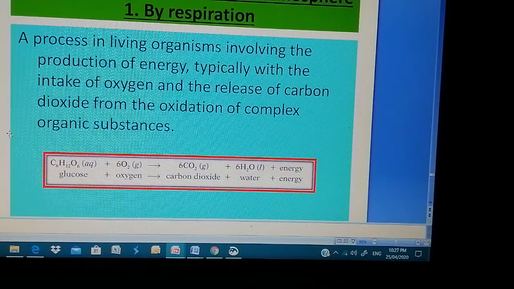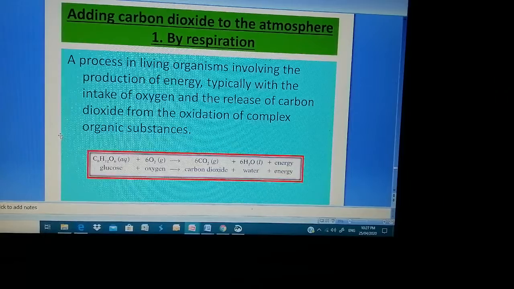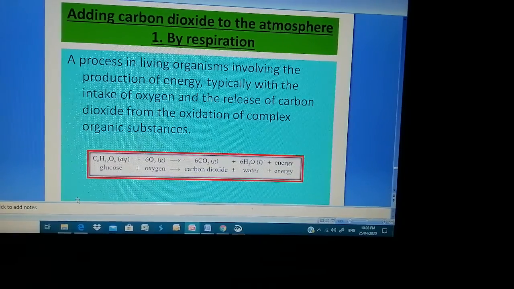Now we will see the processes which help in the addition of carbon dioxide to the atmosphere. The first process is respiration. In simple words, how can we define respiration? It is a process of intake of oxygen by any living organism that helps to break down glucose into simpler compounds, and a large amount of energy is released.